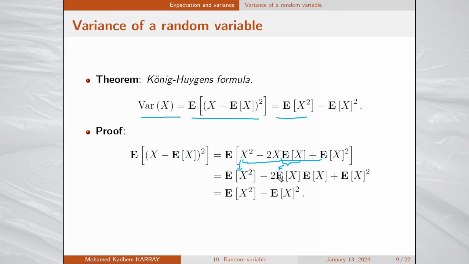You see here that one expectation of x squared simplifies, and we get the desired formula. We can add the brackets here to emphasize that the expectation of x should be taken first, and then we take the power 2 of this quantity.